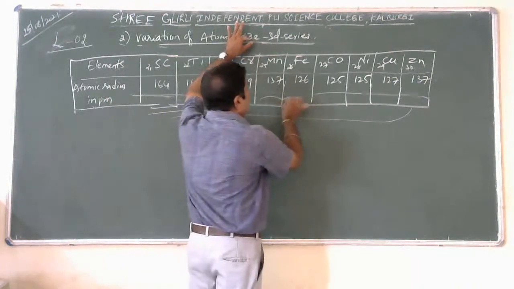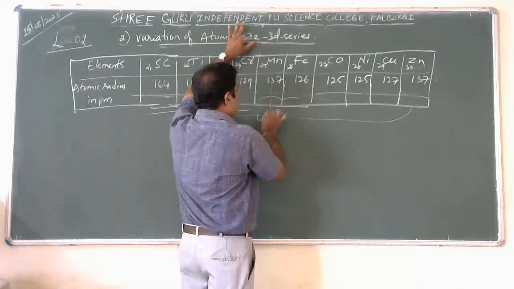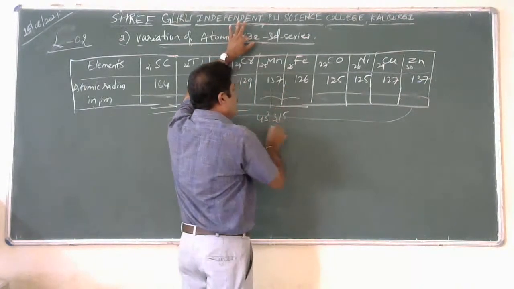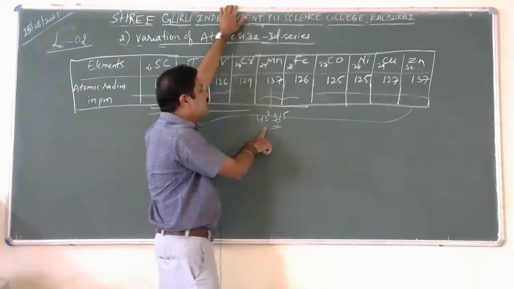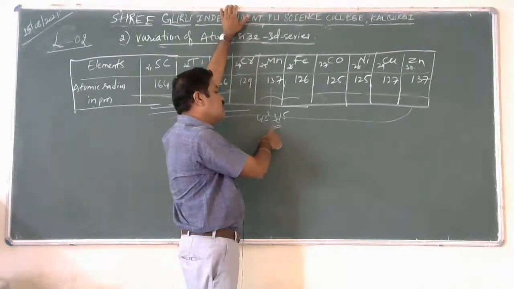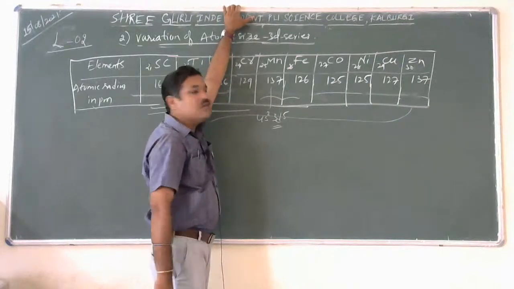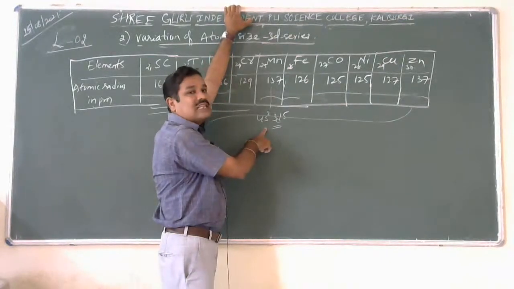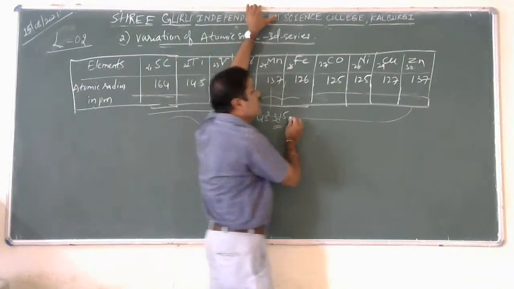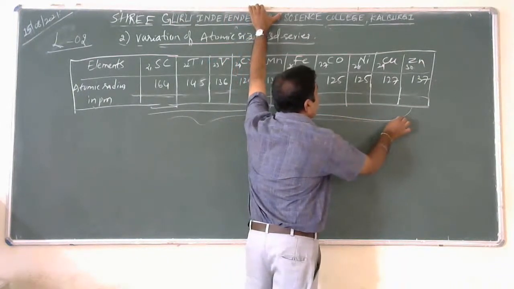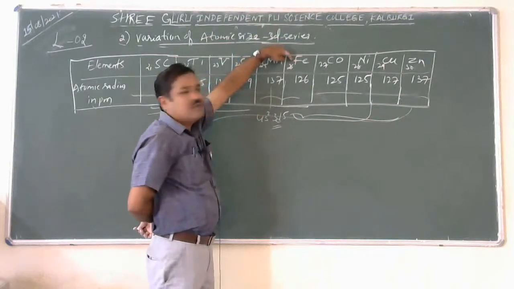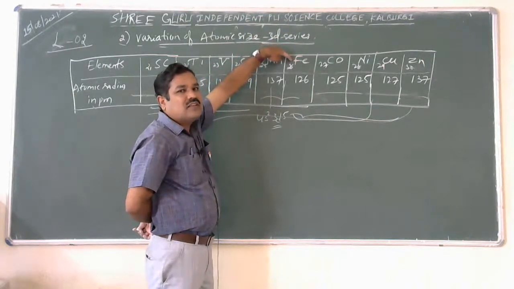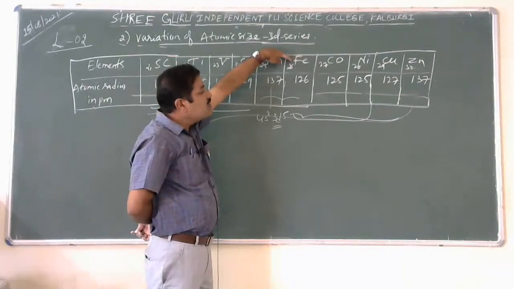But for manganese, it is increasing. Why? Because of 4s2 3d5, more unpaired electrons. These more unpaired electrons are not delocalized in covalent bonding, therefore the radius increases. But once again, from iron, cobalt up to nickel, it remains the same. In iron, the d electrons increase and pairing starts, so the number of unpaired electrons decreases.